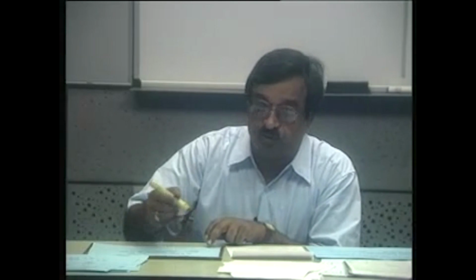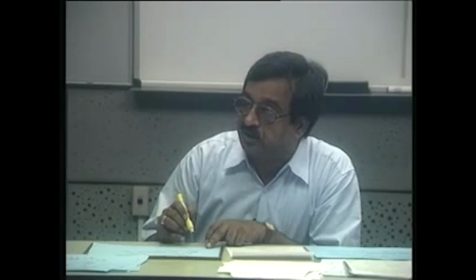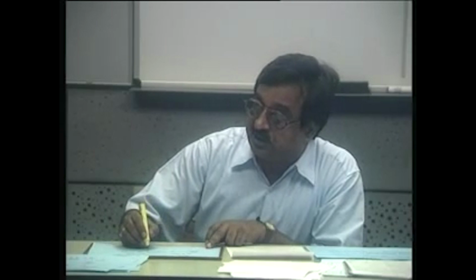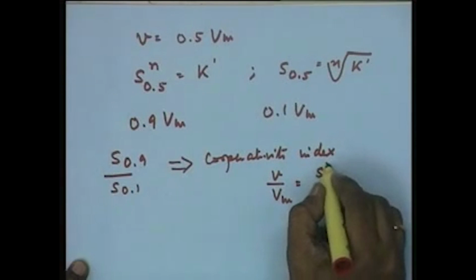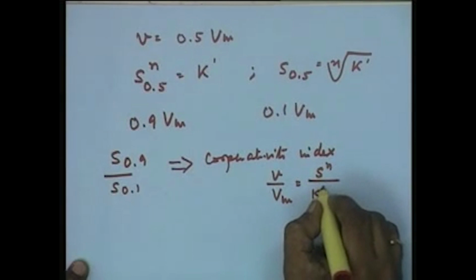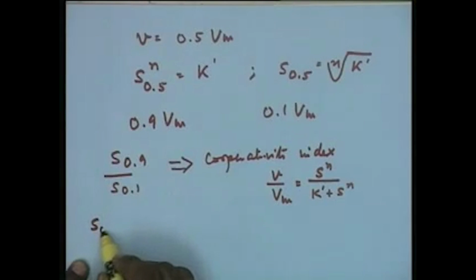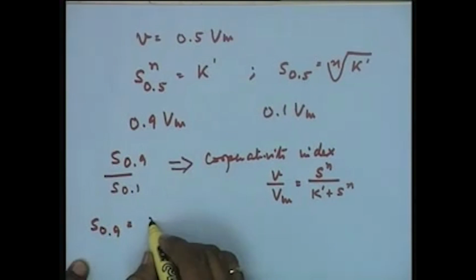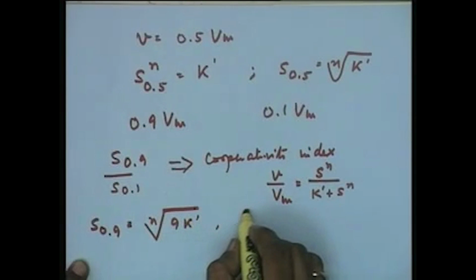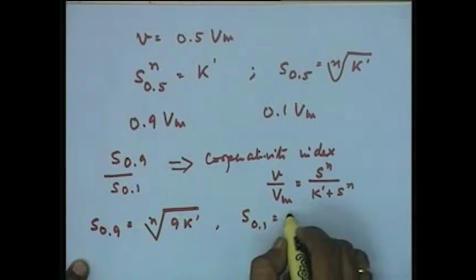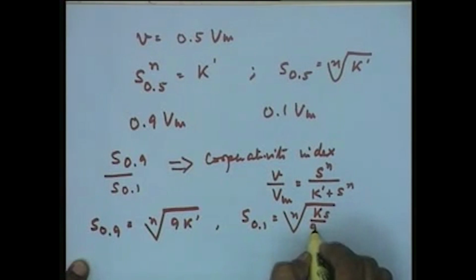Now essentially, if you put the values of S0.9 and S0.1 into the original Hill's equation, that is V upon Vm is equal to S to the power n upon k prime plus S to the power n, your S0.9 will be equal to the nth root of 9k prime, and S0.1 will be equal to the nth root of k prime upon 9.